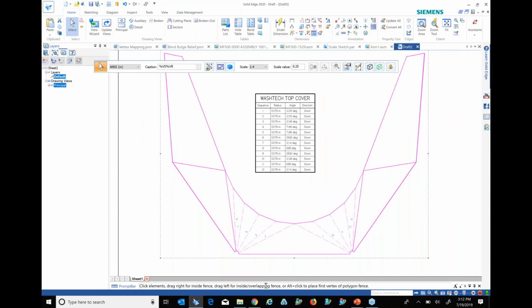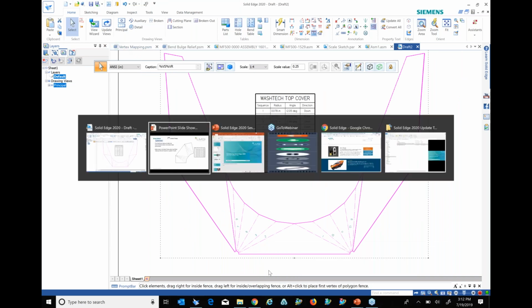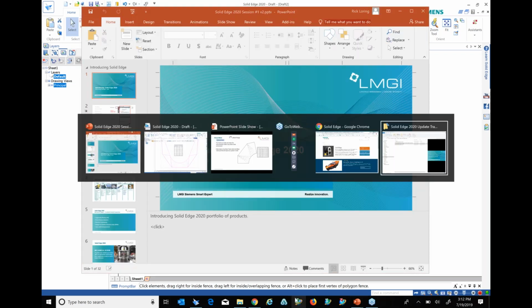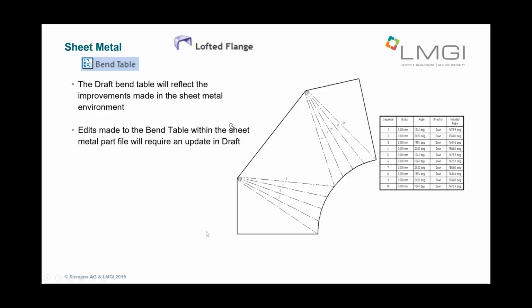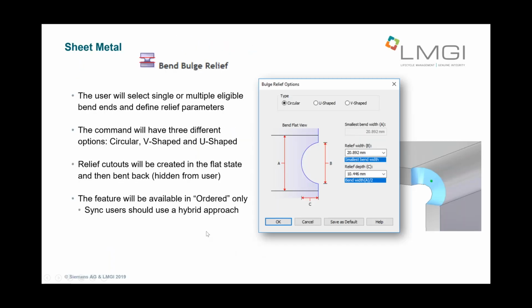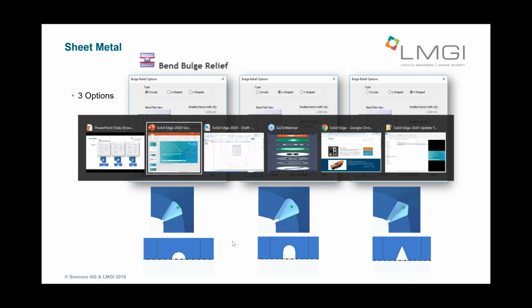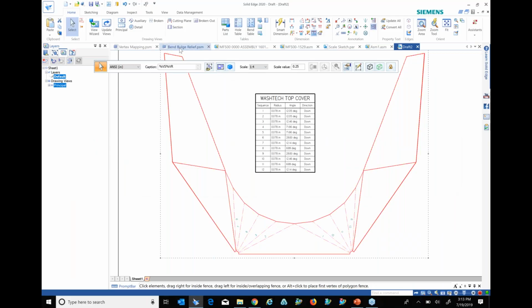So let's move back to presentation. All right, there we go. So another change that they've added is the bend bulge relief. Bend bulge relief, here's an example of a part where, actually I can show you a live part here in Solid Edge. We'll look at this.